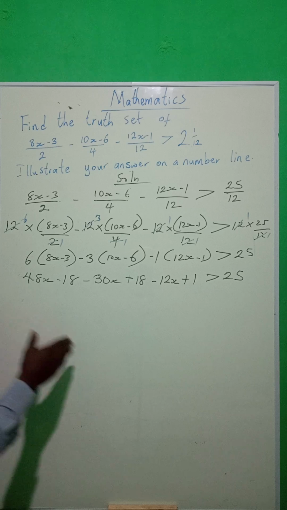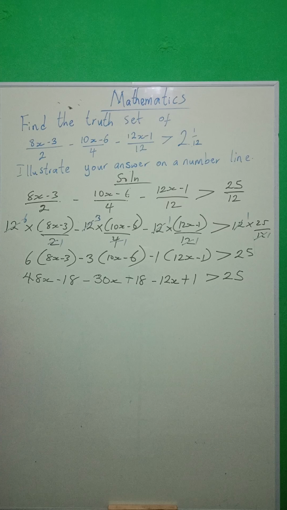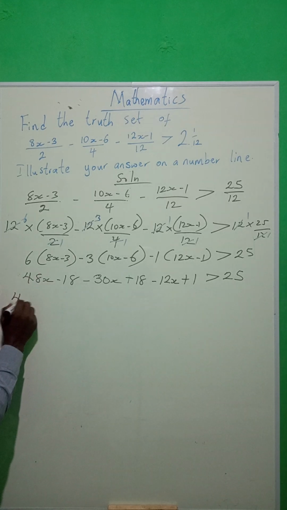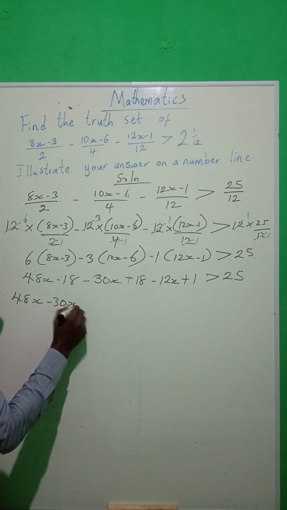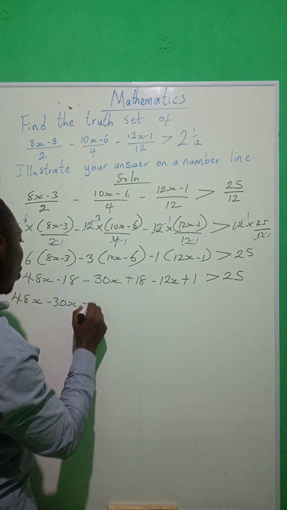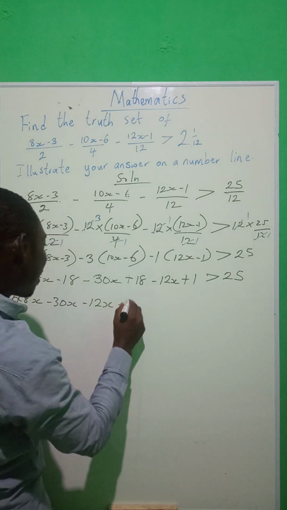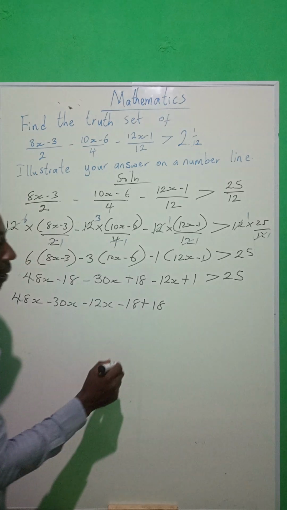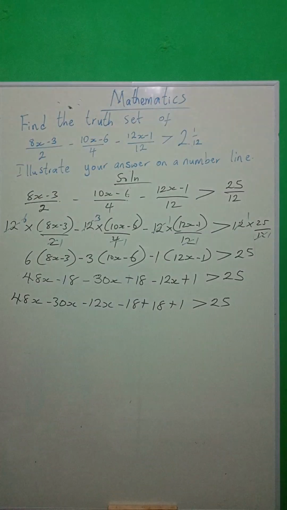Now the next thing is you group like terms. You can have those with x on one side: 48x, minus 30x, minus 12x. Have you seen it? We are left here with minus 18 plus 18 plus 1 greater than 25.